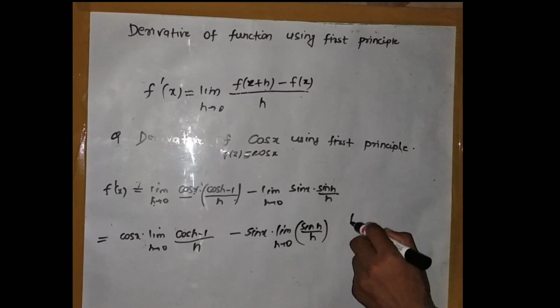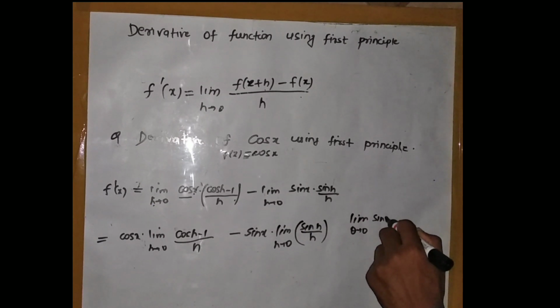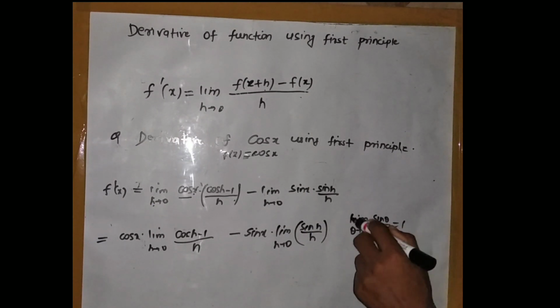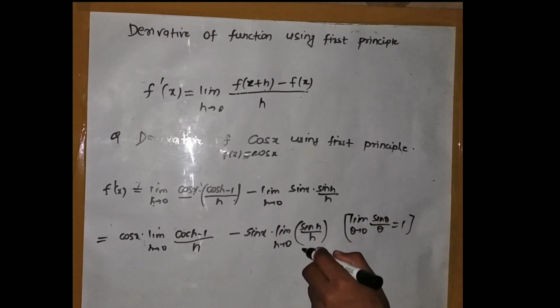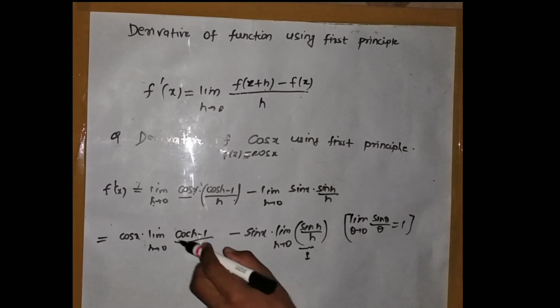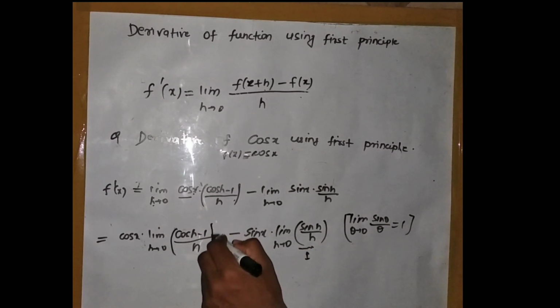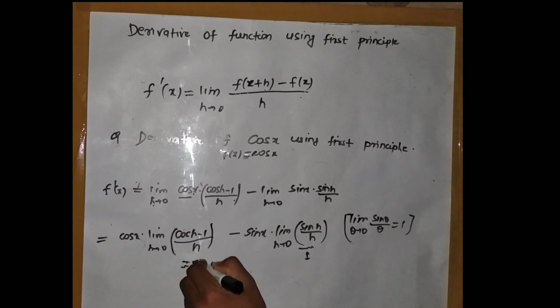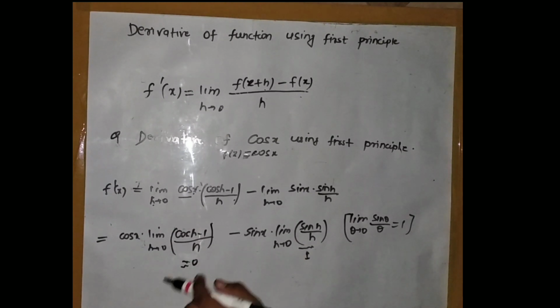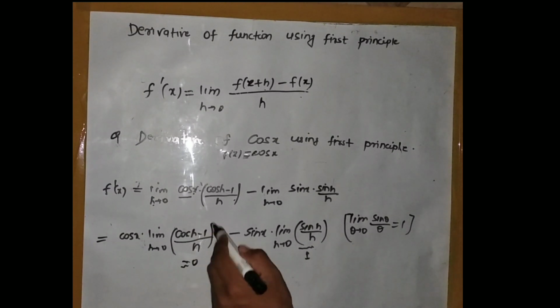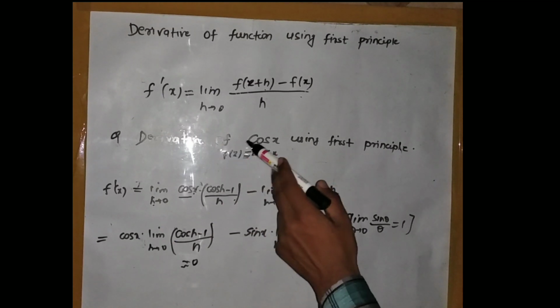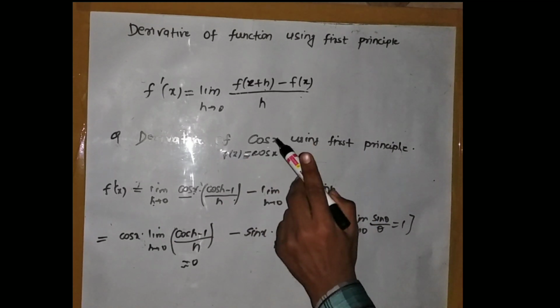Value of this limit, theta tends to 0 sin theta by theta, equal to 1. So the value of this term is equal to 1 and the value of the cos h minus 1 by h limit is equal to 0. Why? Because this concept I already discussed when I was discussing derivative of sin x using first principle.